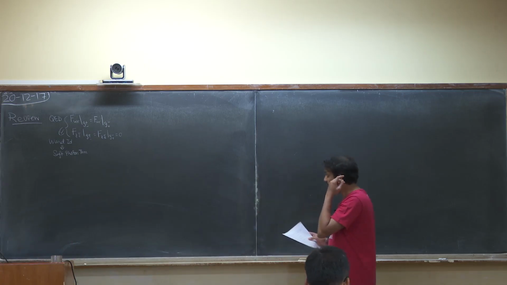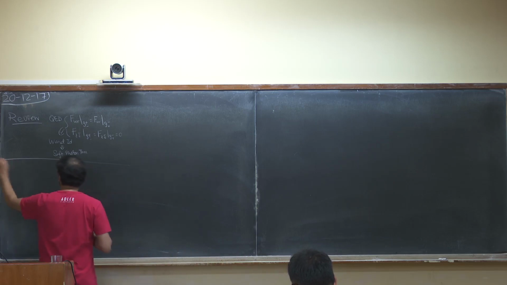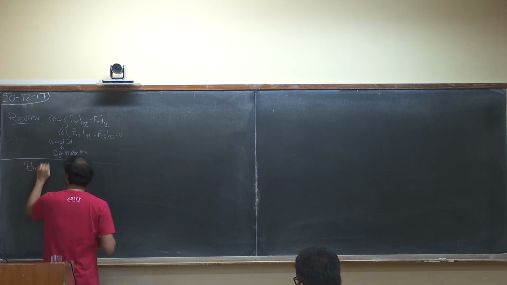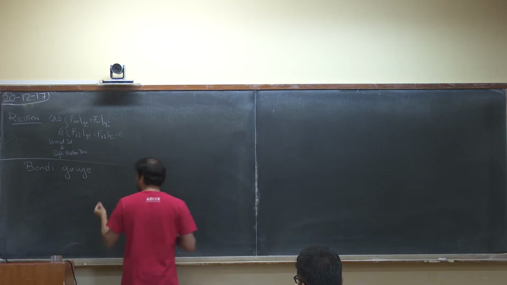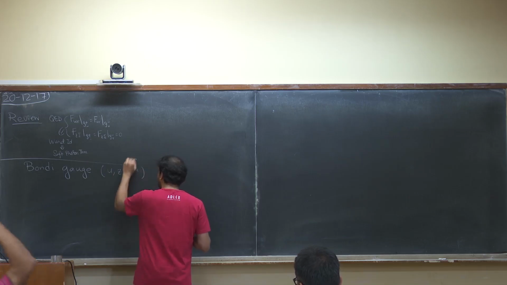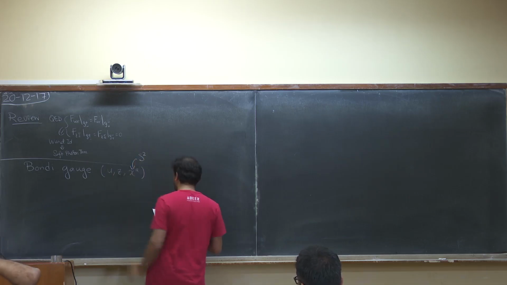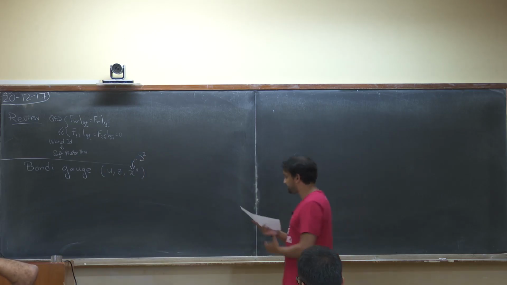So the idea is to look at any space-time and work in a Bondi gauge. Bondi coordinates are u, r and x^A, and these are coordinates on S2. So I'm at the moment looking at 4-dimensional spacetimes.